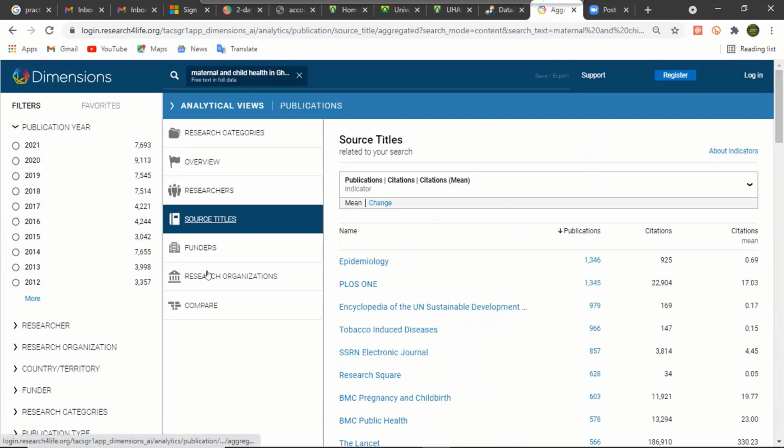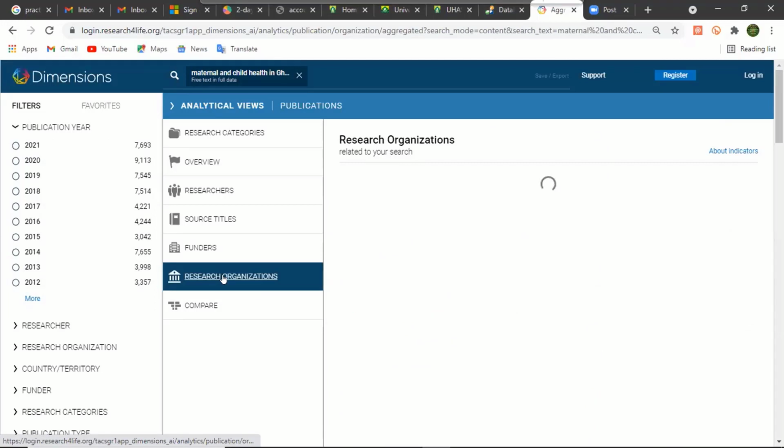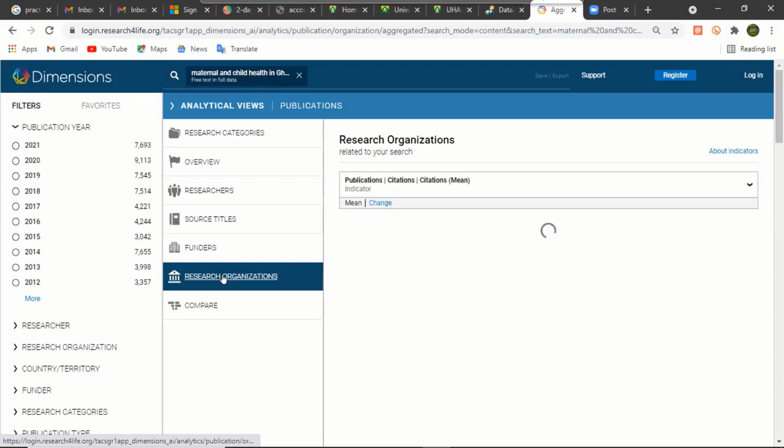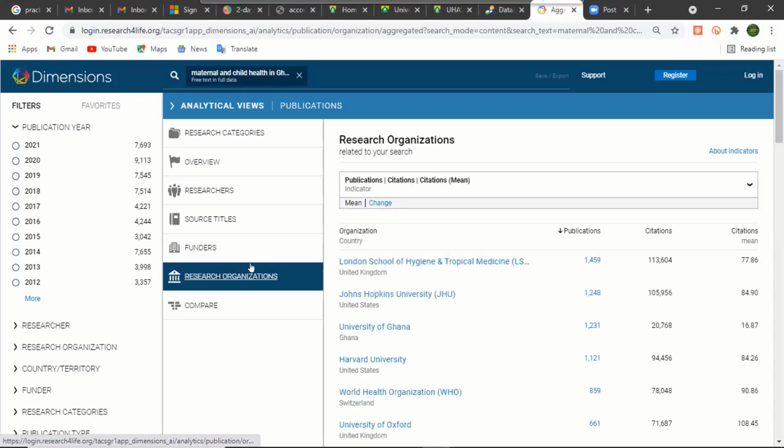Then how about research organizations? Let's see which institutions are championing this research on maternal and child health in Ghana. Very good. You can see that the highest contributor here is the London School of Hygiene and Tropical Medicine. Then Johns Hopkins University, University of Ghana, Harvard, WHO itself, then University of Oxford, and all of that.